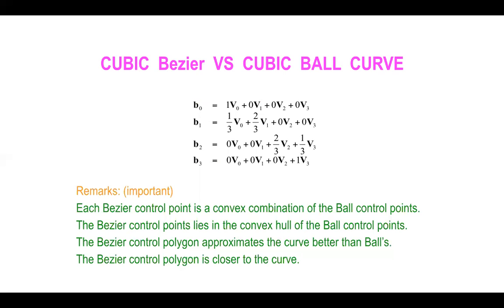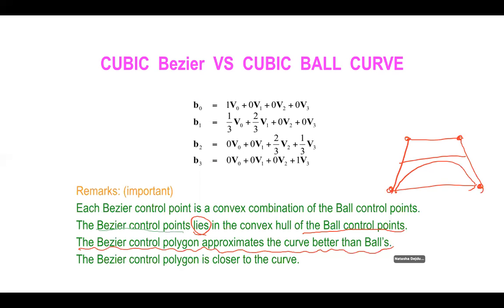Bezier control points lie in the convex hull of ball control points. So it means that the ball control polygon is bigger than Bezier. Right? Ball control points are around here, so it's bigger than the Bezier control polygon. Bezier control points approximate the curve better than ball.